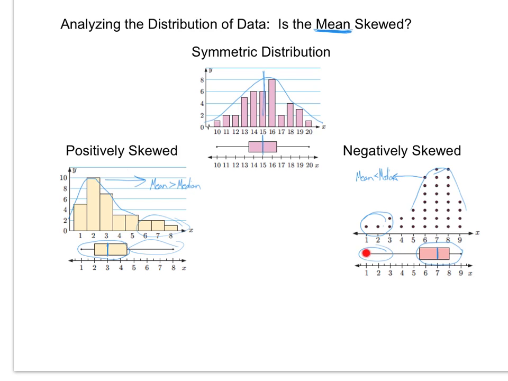Because this whisker is so long, it's going to pull the mean down to the left of where the median was. So, relatively simple concept. It's easy to mix them up though, so just make sure we're talking about the mean getting skewed one way or the other.